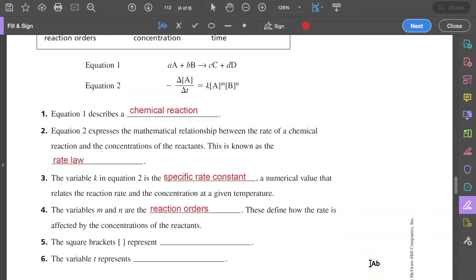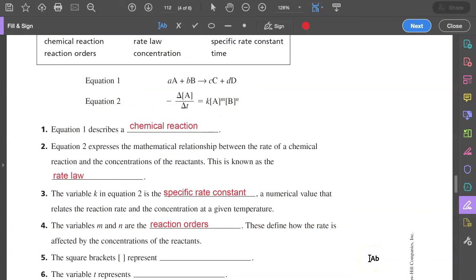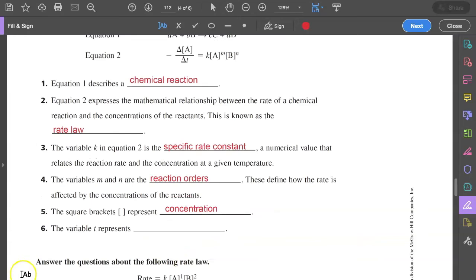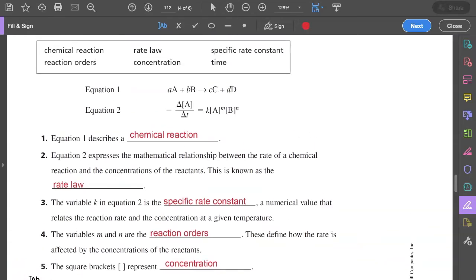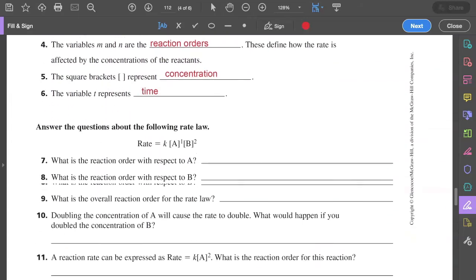They're the ones that help us to understand how that rate is changed based on the concentration. Square brackets represent concentration for us. And the variable T represents time. Good, that's correct. All right, let's move on to the next section.